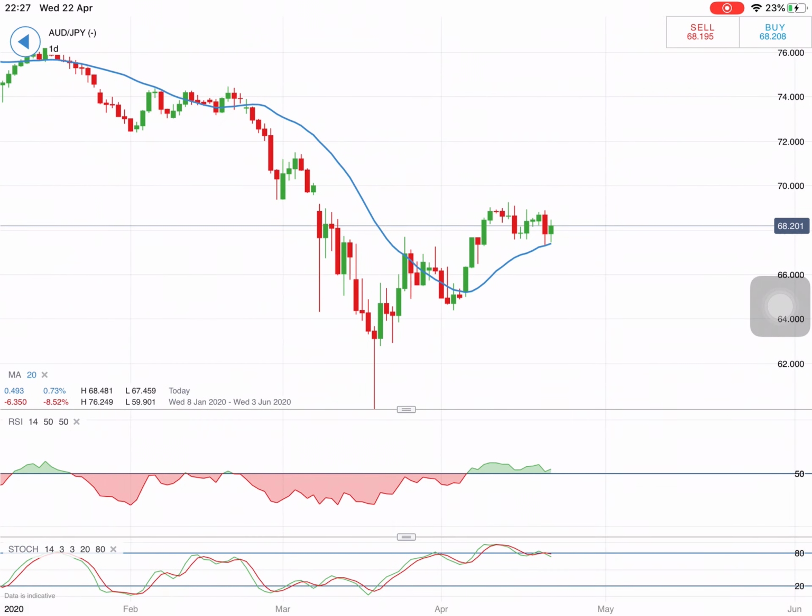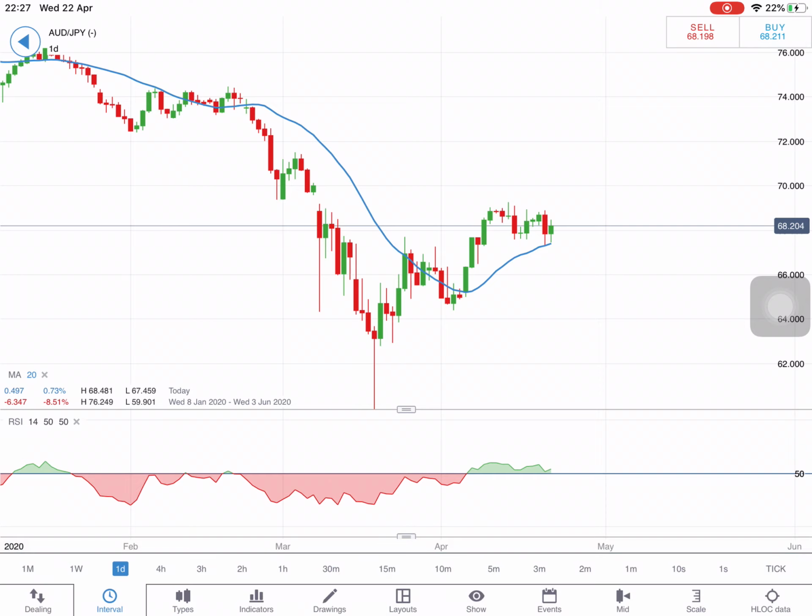So we either wait for price to come back down to the 50 and break downwards, or we look now for buy opportunities, continuation opportunities, which it looks like it's going to do. We all know that AUD USD, NZD USD, AUD JPY, NZD JPY, all those commodity currencies are all very strong at the moment.